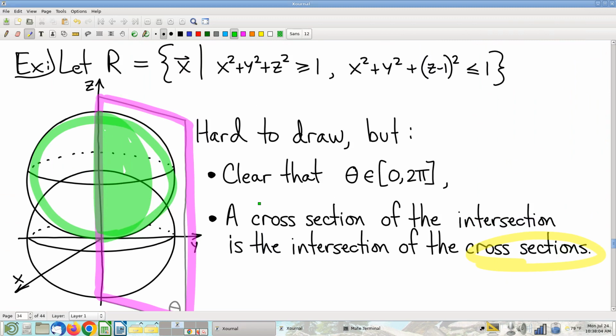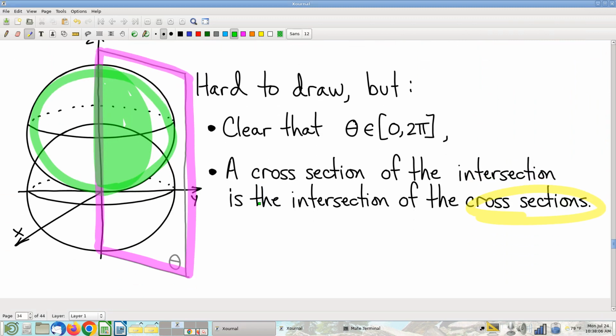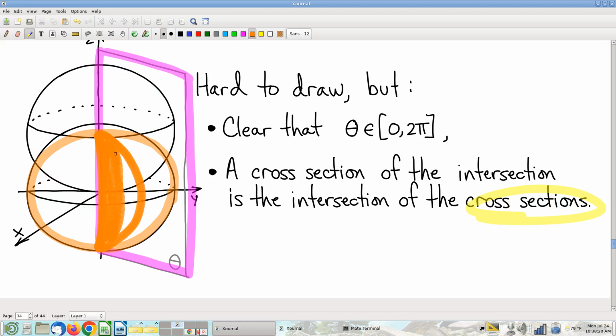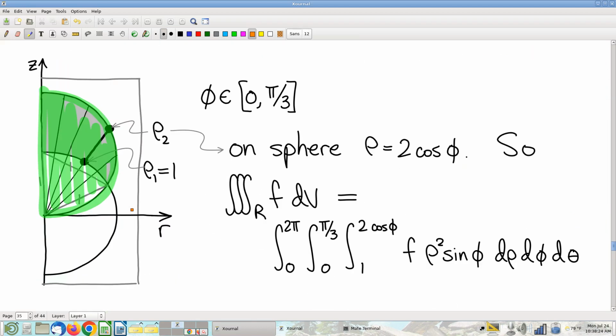Now, that's not the only one I care about, of course. There's also this bottom ball. What do you get when I take a purple slice of this orange ball? Well, again, I get a half a disc, which again, is easy to draw.